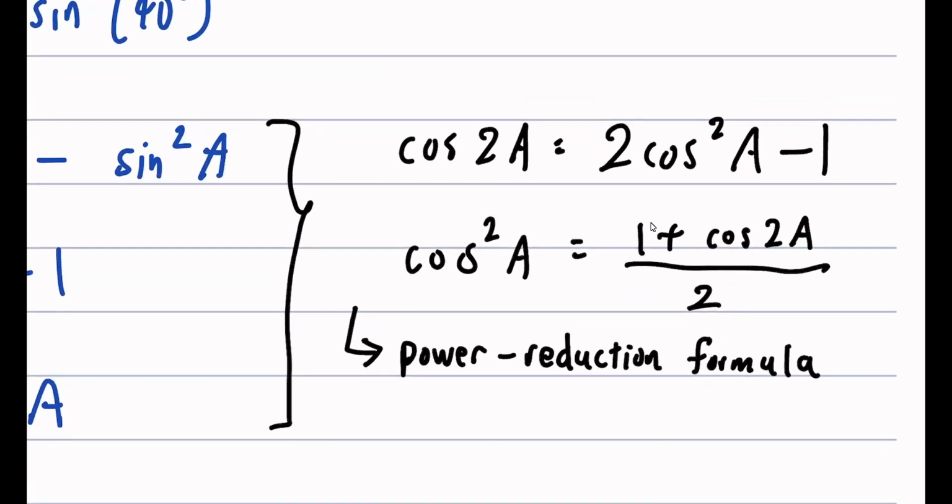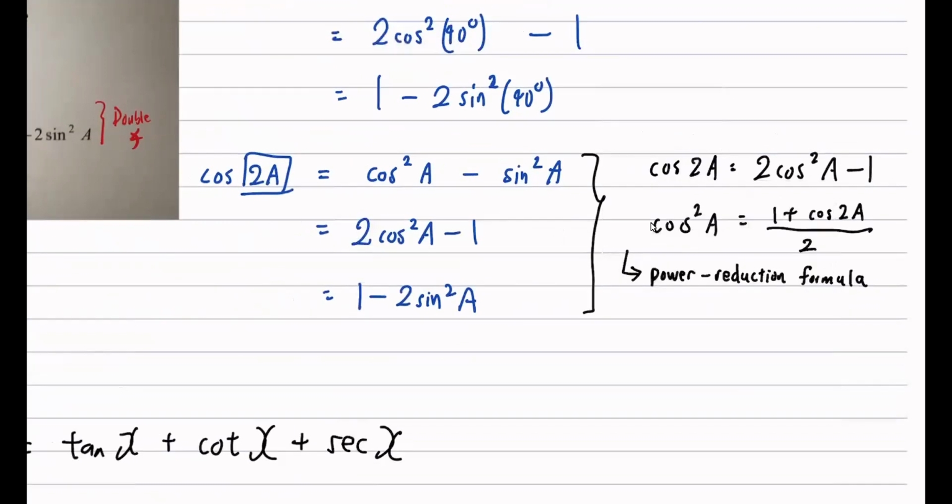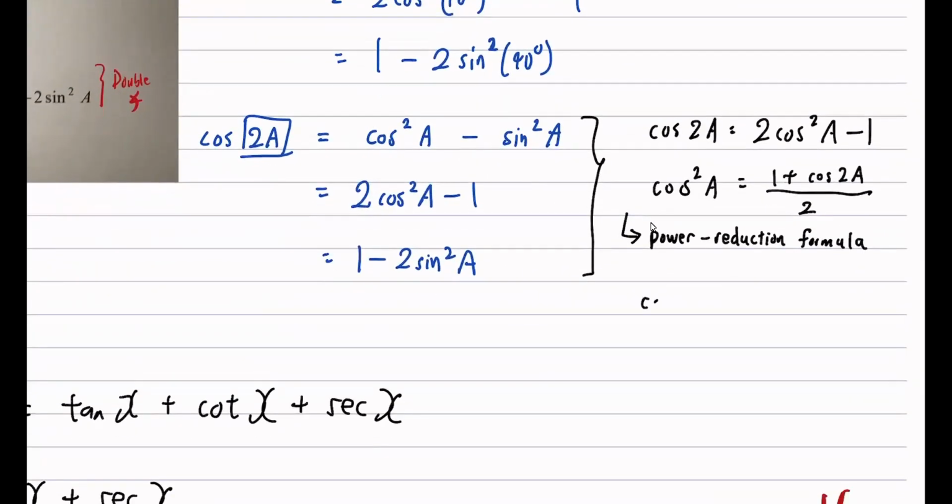Likewise for the sine square, you can do the same thing. Take a look. Cosine 2A equals 1 minus 2 sine square A. So if I try to make sine square A the subject, what do I get?